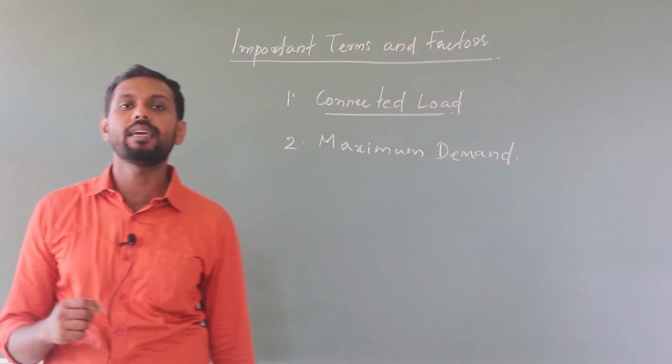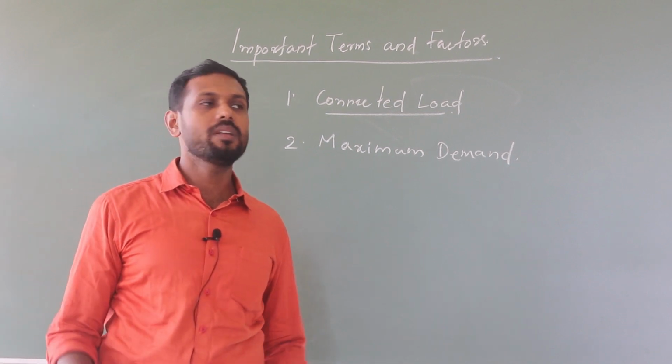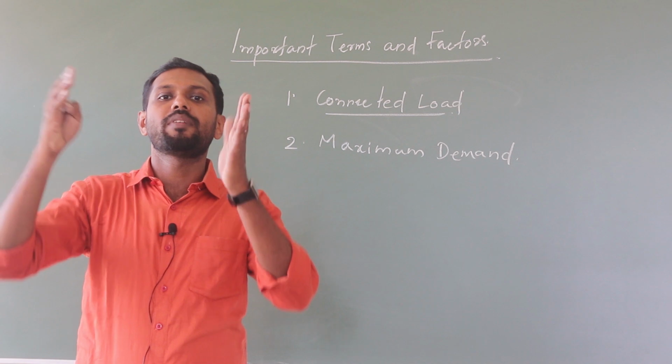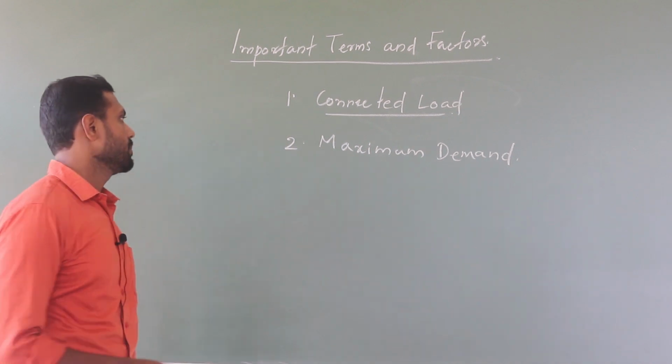Maximum demand indicates the maximum of the load connected to a supply system. That means which load on the load curve gives the maximum value. That implies the maximum demand.